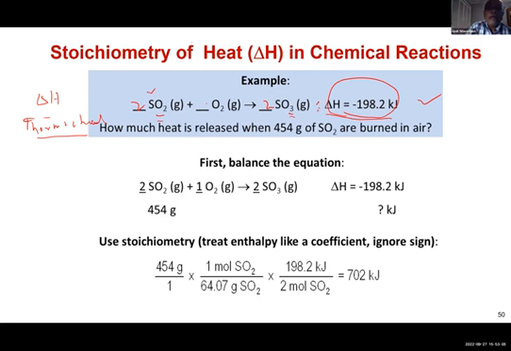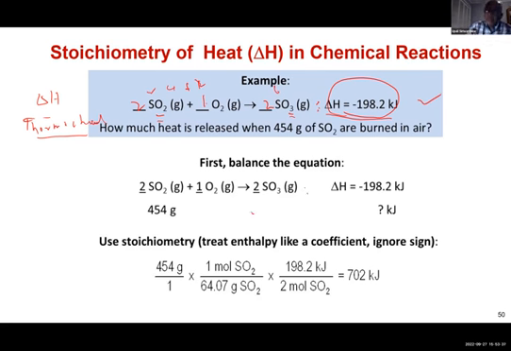So there are 4 here and 6 here, put a 2 in. 4 plus 2 is 6. 6 is balanced. This is the balanced equation.